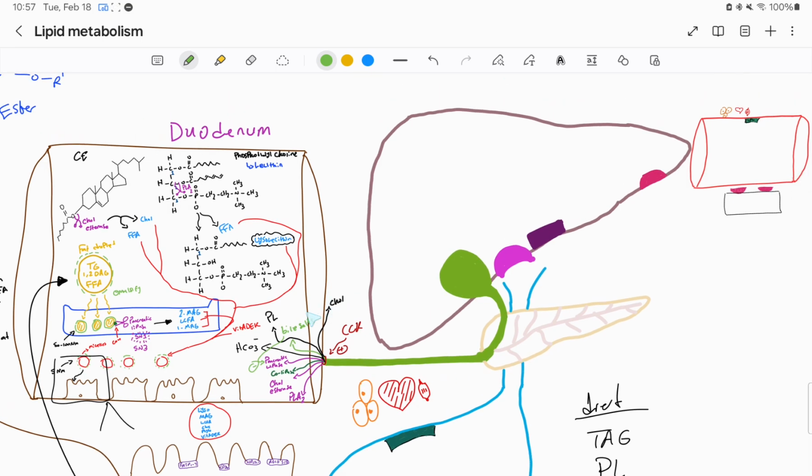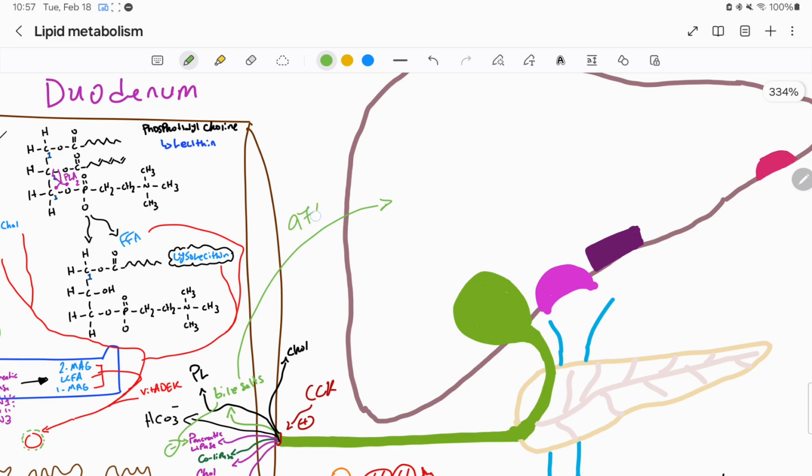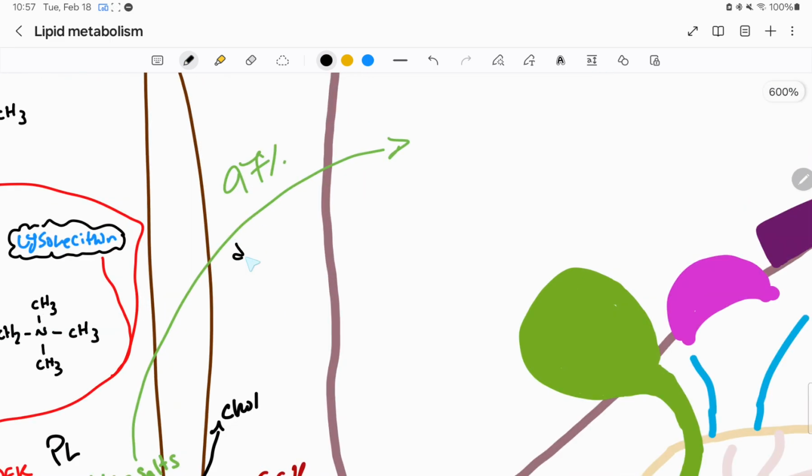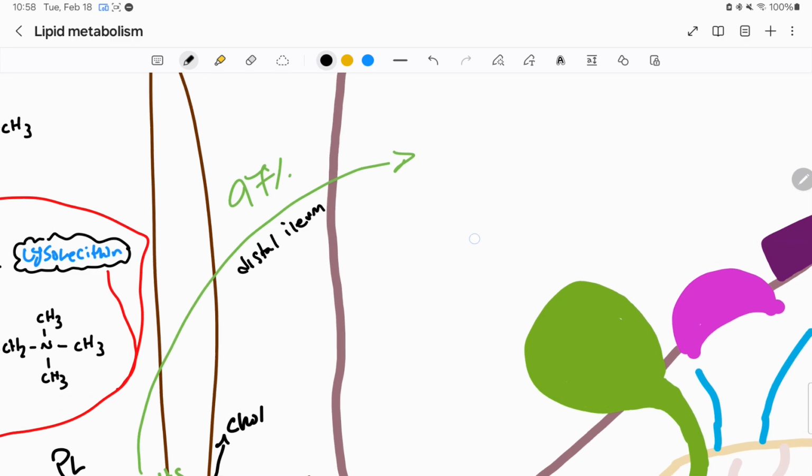And at the distal ileum, about 97% of this actual bile is going to get reabsorbed, okay? And again, I'll write that for you guys at the distal ileum, okay?